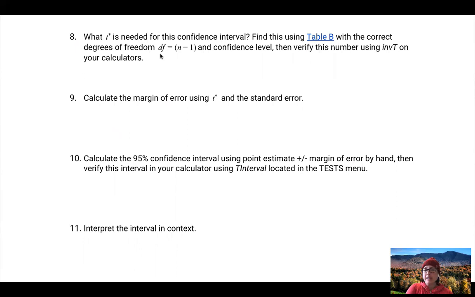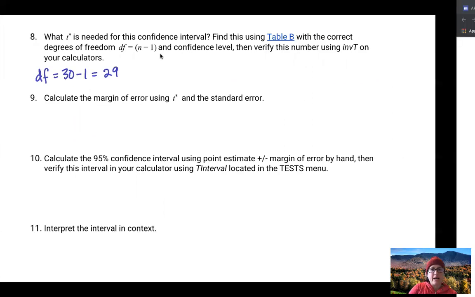If you want to just take this at face value and say, yep, I'm always just going to subtract 1 from my sample size, I don't really care what it means, you are free to do that. If you want to look a little bit more in depth about what degrees of freedom are, there's some suggested extensions. There's a little article you can read about degrees of freedom. But for this, our degrees of freedom would be our sample size minus 1, which is 29.